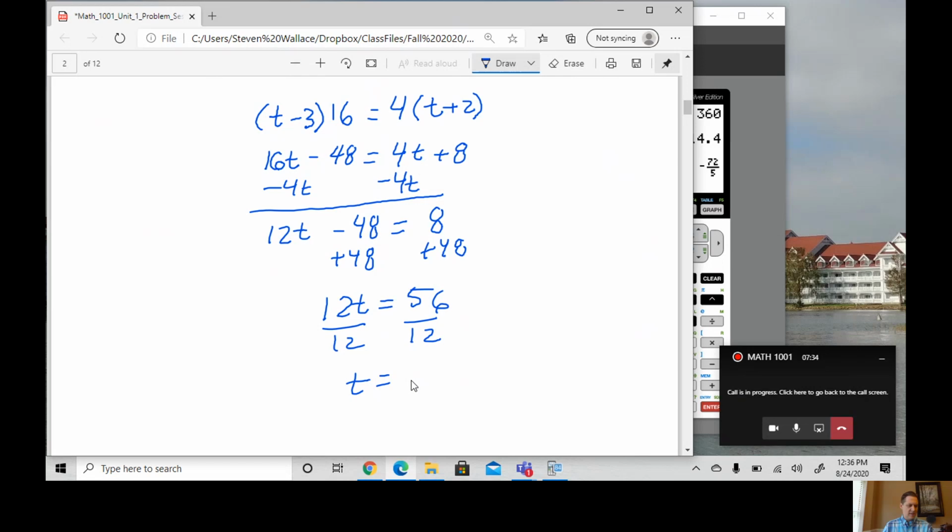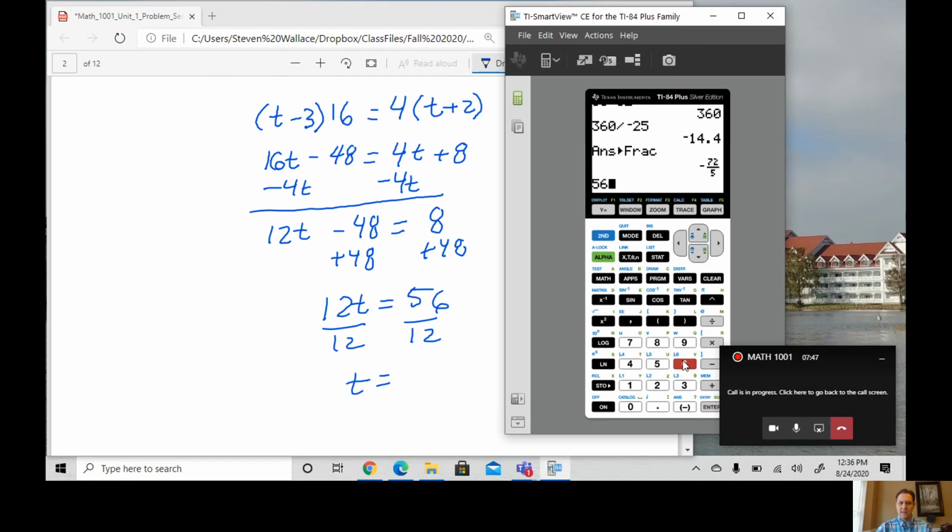And this comes out to, well, 56 over 12, if we put that into our calculator, we get a repeating decimal. So 4 2/3 if you want to use mixed fractions. I don't like that. So I'm going to use math arrow frac and get an improper fraction that's simplified.